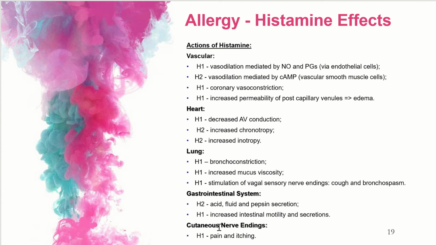And for the cutaneous nerve endings, H1: pain and itching, right? So this is a common one. So essentially, the effect of histamine varies depending on where the receptor is located, as we can see here.